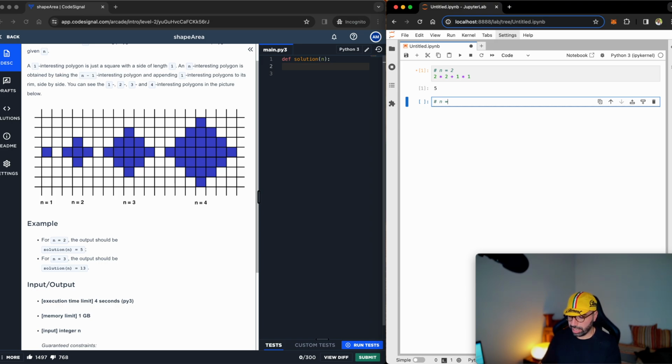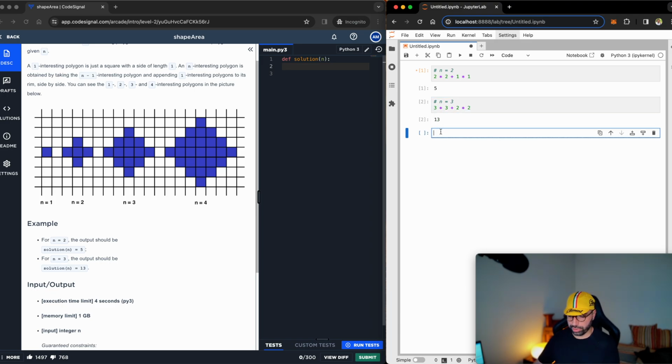Let's check n equals 3 and how that works. So 1, 2, and 3 cases with 3. So 3 times 3 plus. So I'm done with this one and the middle one and the outer one. So then there is 1 with 2 and another with 2. So 2 times, now it will be 13.